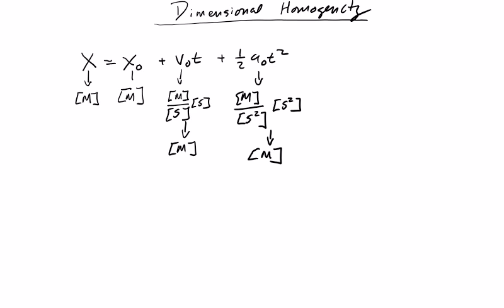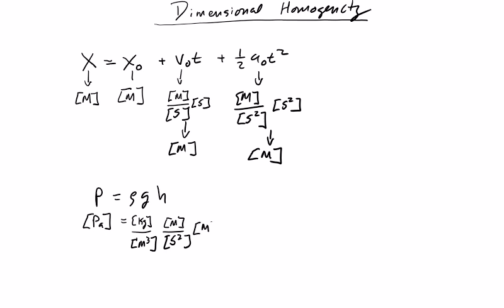All right, so we could think about, again, let's do our pressure equals rho g h. Pressure has units of pascals. All right, this equals kilograms per meter cubed for density, meters per second squared for gravity, and meters for our height.